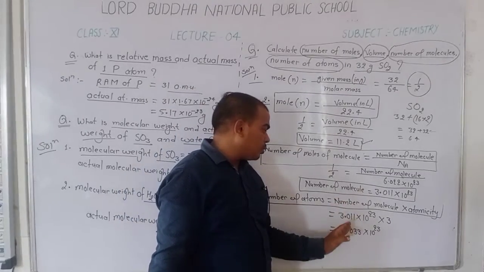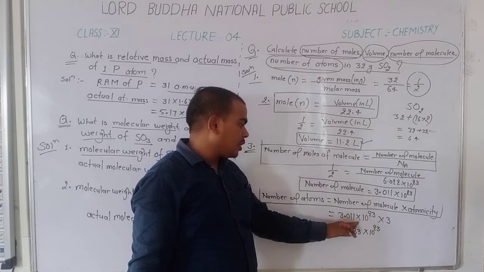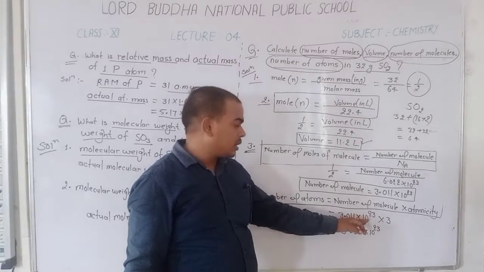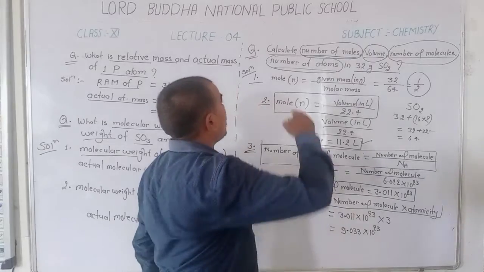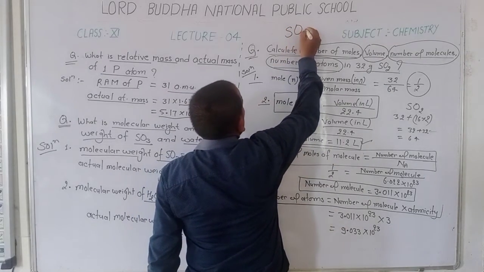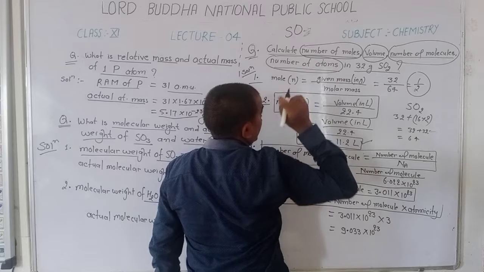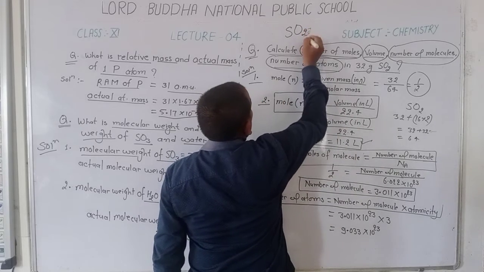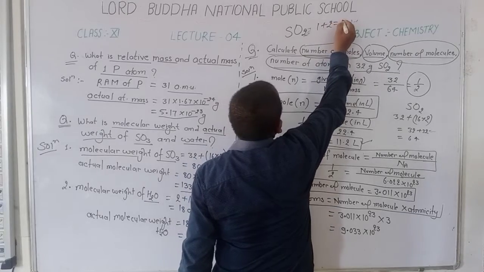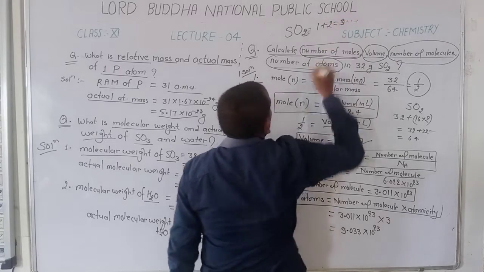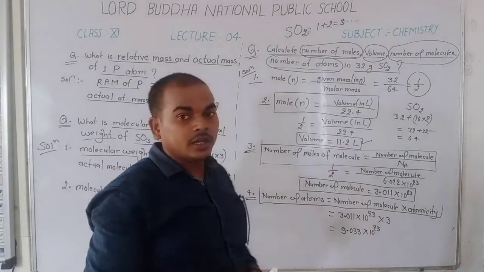So put the value 3.011 into 10 raised to the power 23 and the atomicity of SO2. The number of sulfur atoms is 1 and the number of oxygen atoms is 2, then the atomicity of sulfur dioxide is 3.